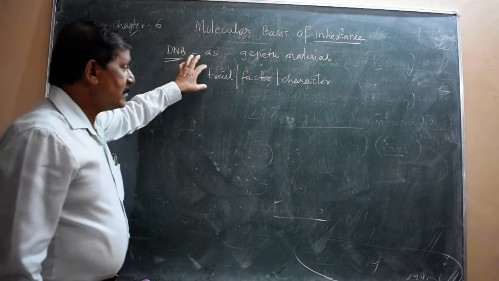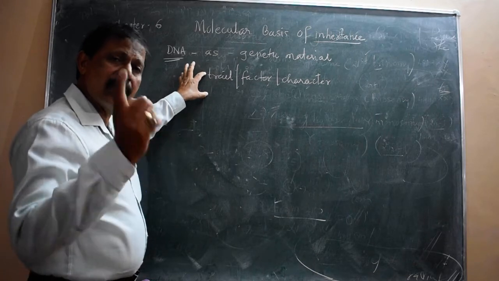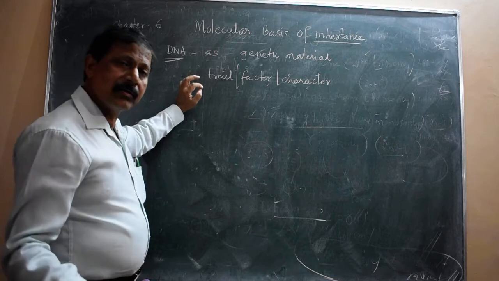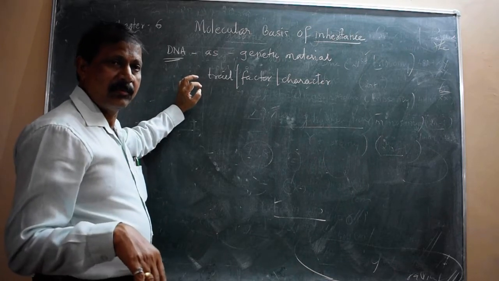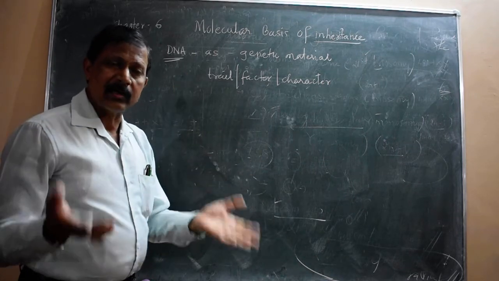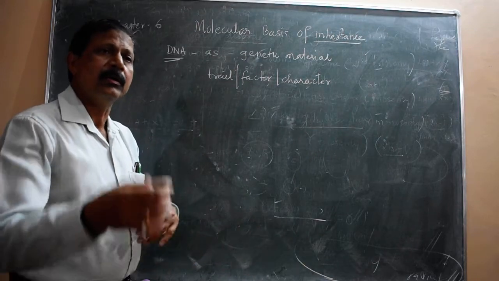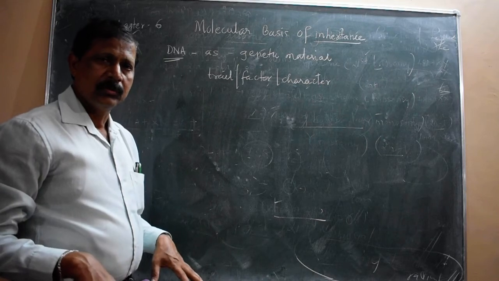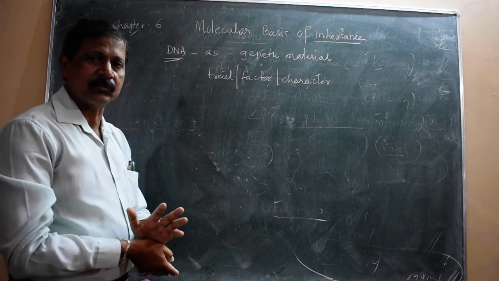But what this trait was, was not properly understood by Mendel and the scientists of his time, because at that time the microscope, the electron microscope and analytical biochemistry were not developed, and there was a lack of knowledge also.